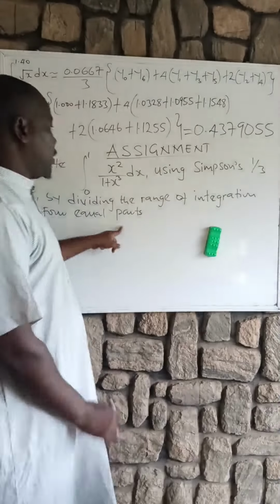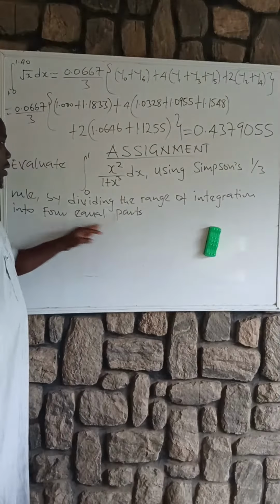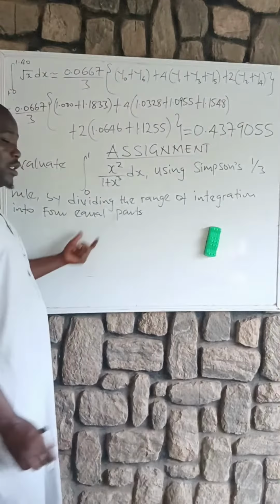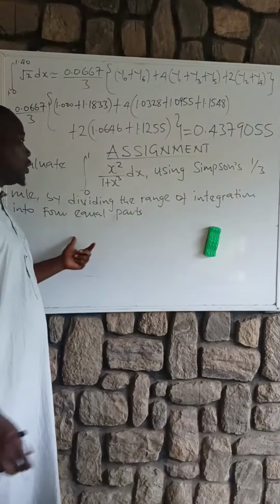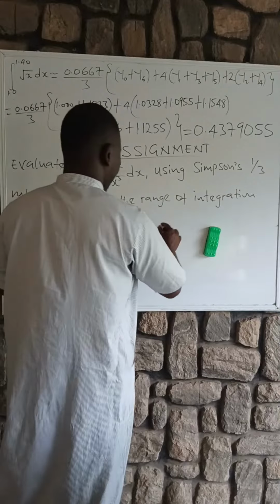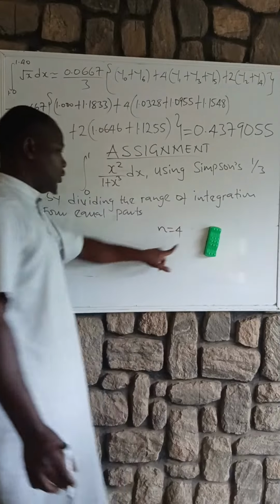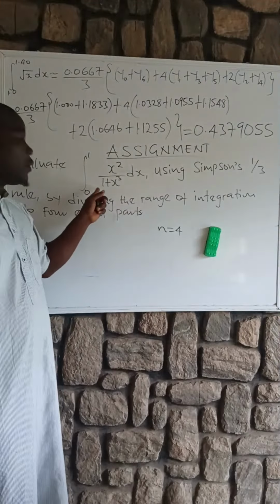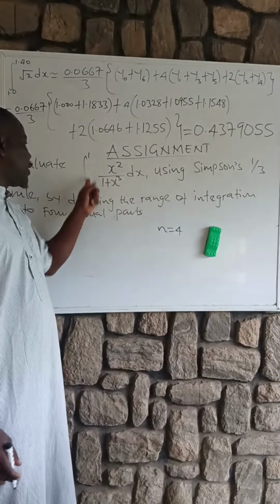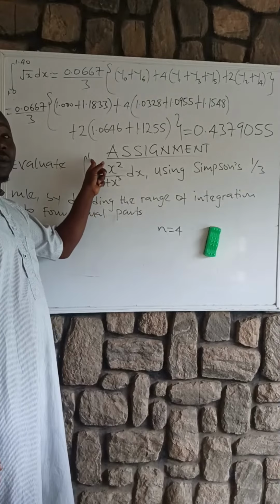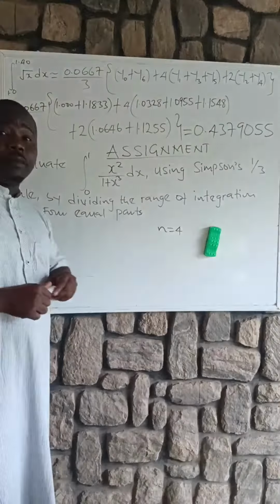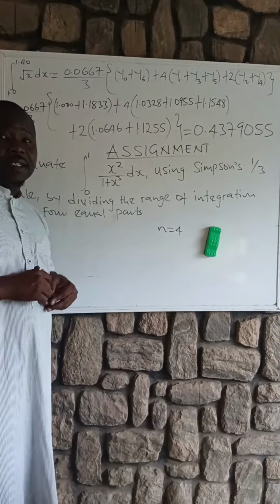Already I've made it easy. I've stated it into 4 equal parts. It means your interval n is equal to 4. So just find the numbers in between 0 and 1. So you are submitting it on Tuesday in the class.